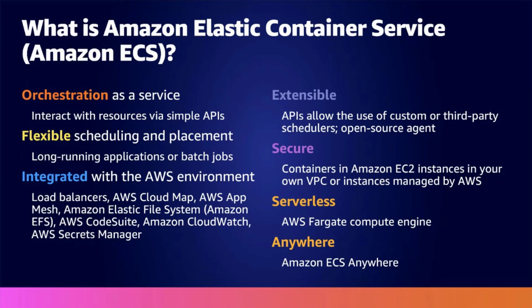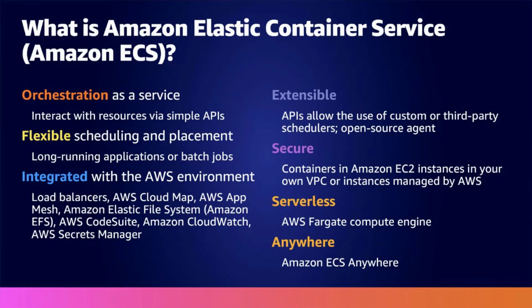The nice thing about ECS is it's integrated with the AWS environment. So you're not having to build an entire ecosystem around your containers and your orchestrator. You instead get to use the best parts of AWS along with your containers. So instead of reinventing all of these wheels, we can just reach out and make use of them. We can make use of service discovery using Cloud Map.